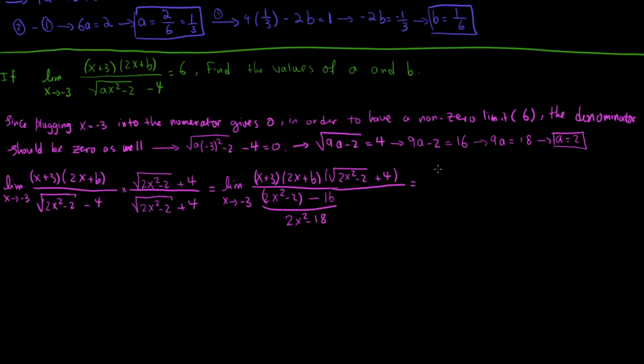So one thing we can do immediately is factorize the 2. We can't really get rid of it, but we can factorize it. So it becomes 2 times (x² − 9), and up top x + 3, 2x + b, the square root of 2x² − 2, plus 4. And hey, take a look at that.